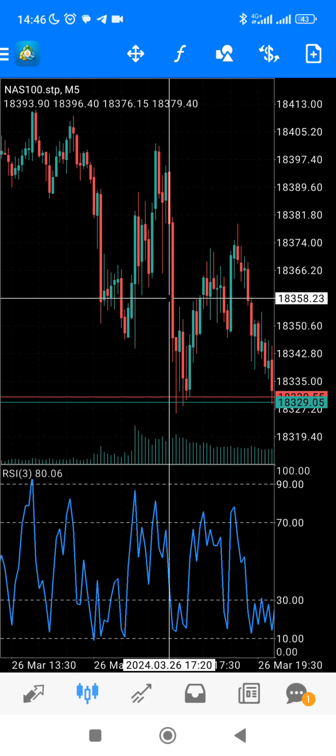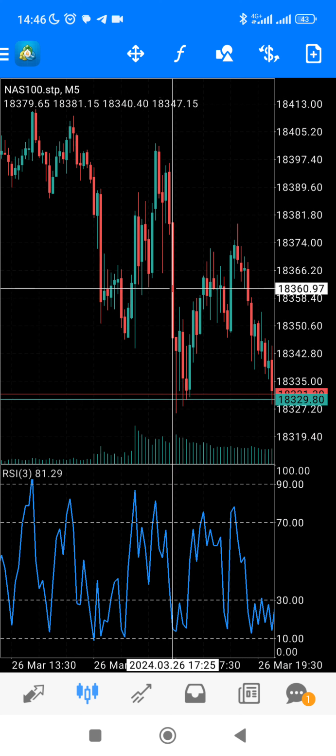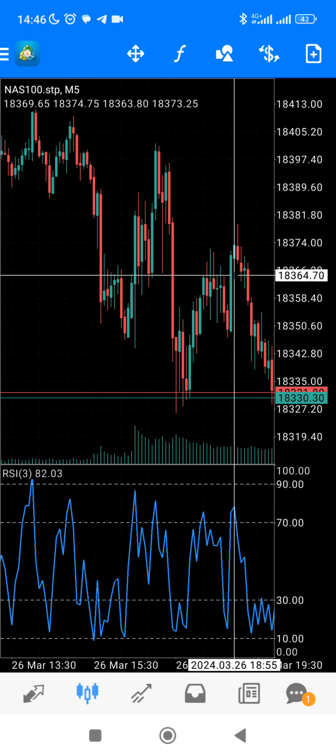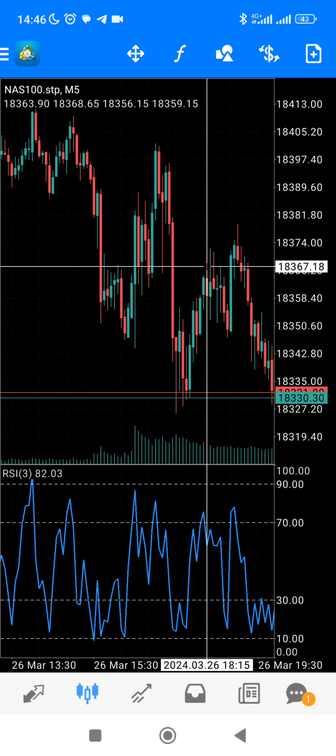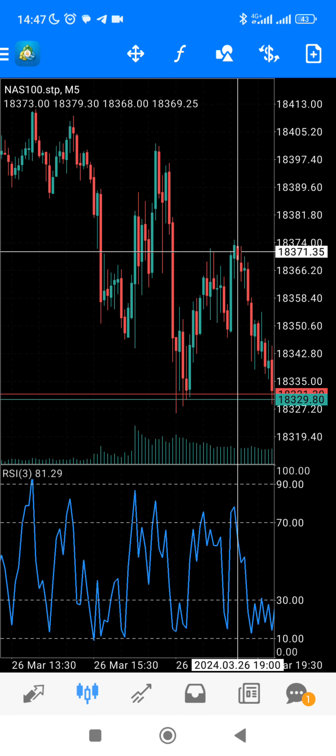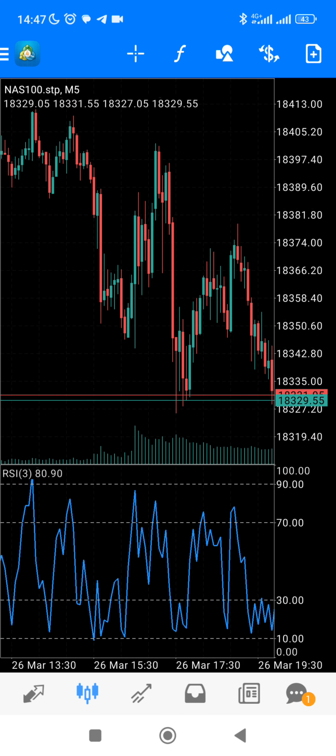So we hit the first stop loss at break even, and then I took another one over here, and we hit the next stop loss at break even. I didn't manage to secure any positions on this trade, so it was a straight break even.